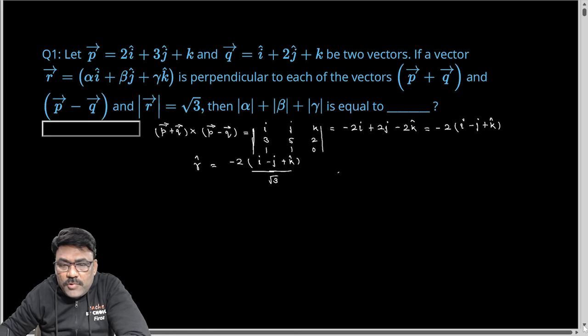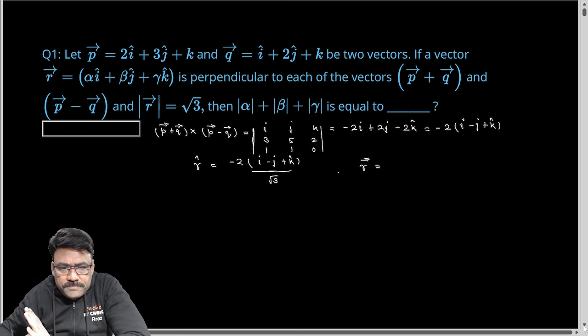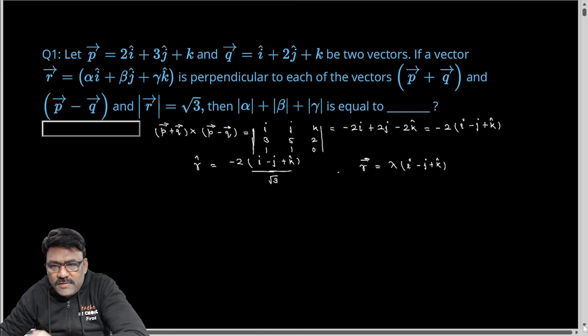Now they have given that mod r is root 3. So basically r will be lambda times r cap. So I can take the r vector as lambda times (i minus j plus k).